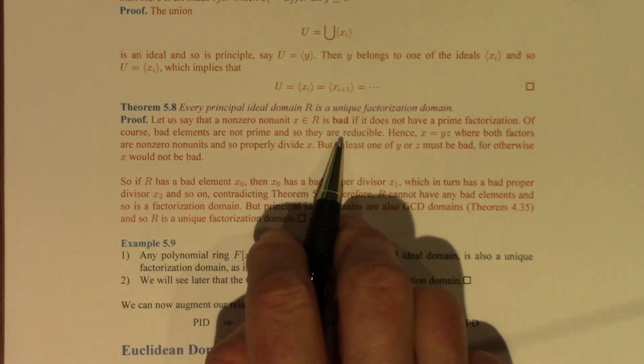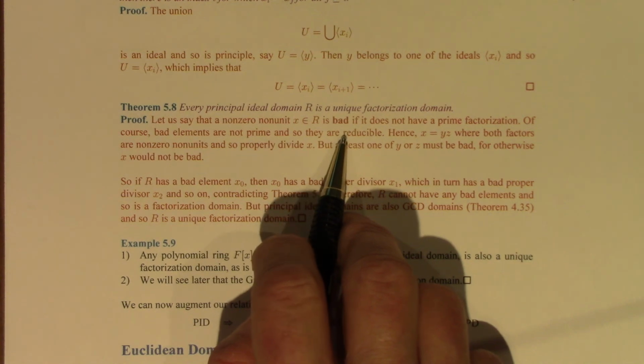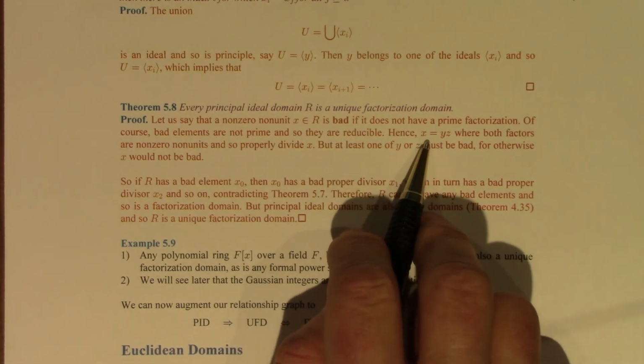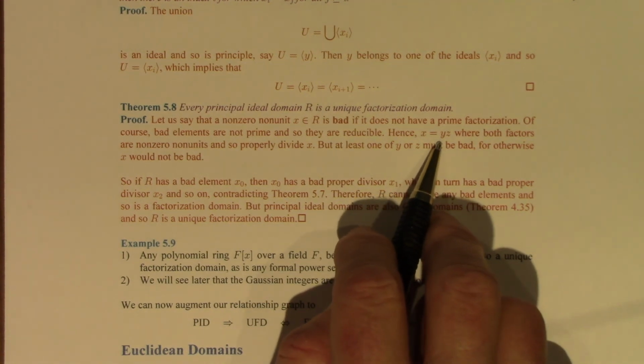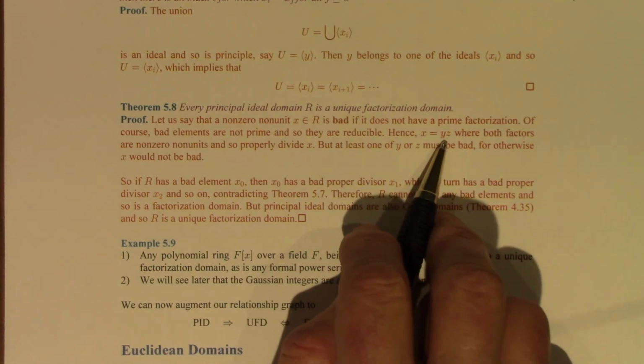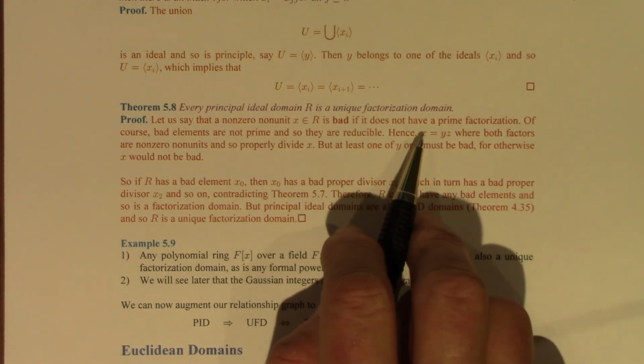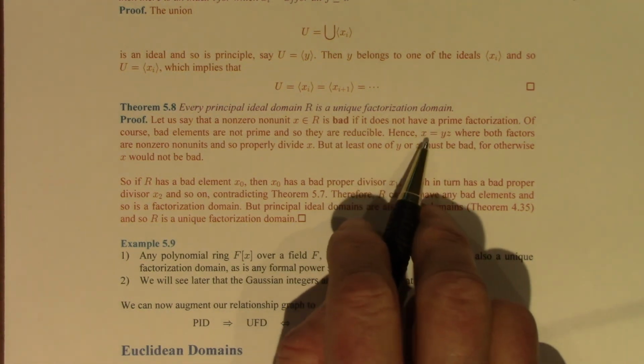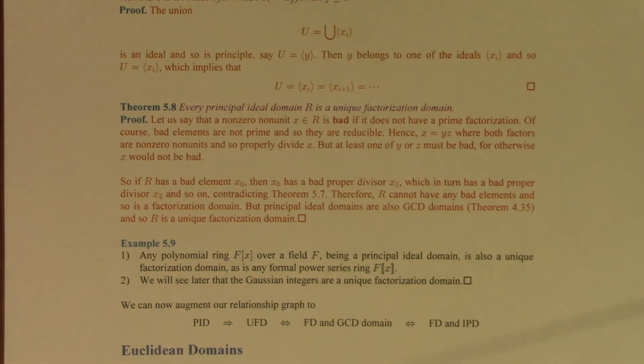Now, bad elements are not prime, they're not irreducible, they can be factored in a non-trivial way. x is y times z, where y and z are non-units, so they properly divide x. But at least one of y or z has to be bad, because if they're both products of primes, then so is x, which we are assuming is not the case.